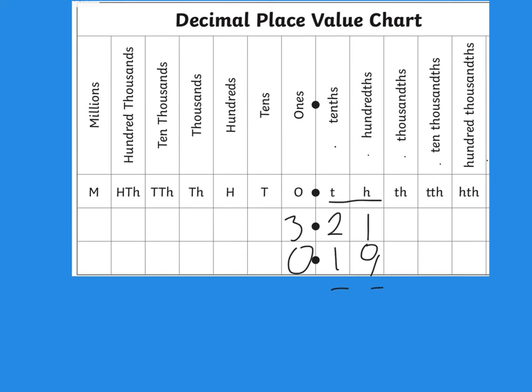So that 1 is worth 1 tenth, and the 9 is worth 9 hundredths. So you can see how decimals can sometimes be confusing, but we're going to do lots and lots of examples, and hopefully you will be able to understand how to order them according to size, know what the value of each digit represents, and so on.